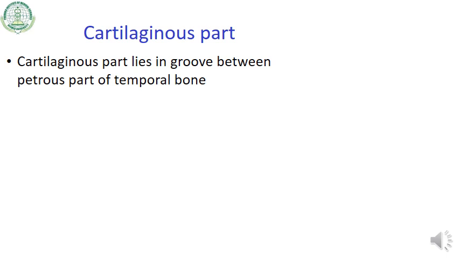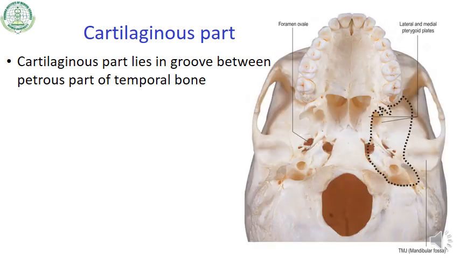The cartilaginous part lies in the groove between the petrous part of the temporal bone and the sphenoid bone. So you can see here, this is the petrous part of the temporal bone, in which you can see the inferior opening of the carotid canal.